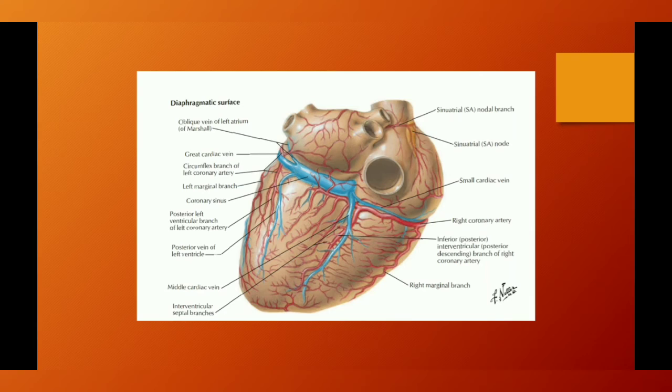The surface has the posterior interventricular groove, which lodges the right coronary artery and the medial cardiac vein. Okay, so it is very easy. And there is another surface, that is the left surface, formed by the left auricle and the left ventricle.